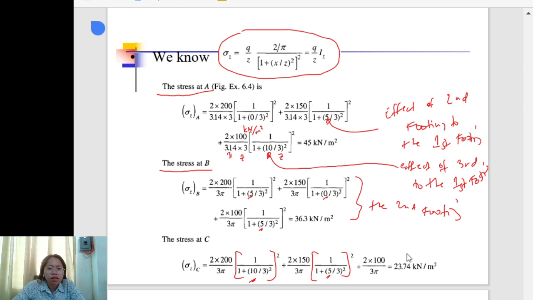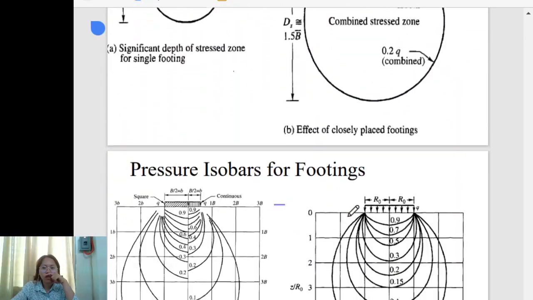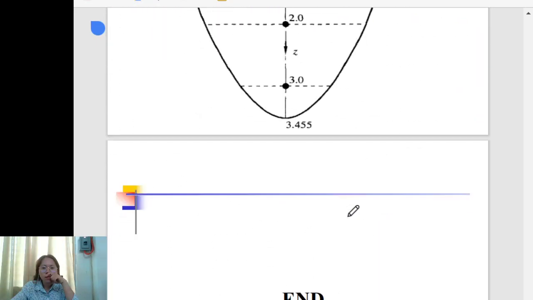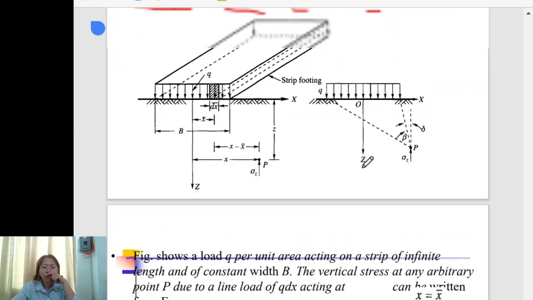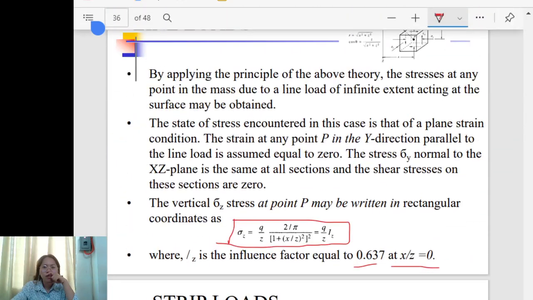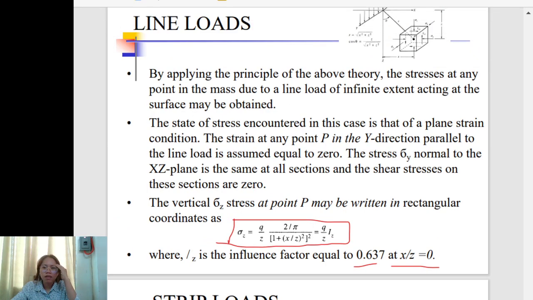Okay, then the answer is this one. So we're done with this, we'll not discuss this one, no? It's not to be discussed beforehand. We move on to strip loads, no? So we're done with this. Kindly study for this topic.